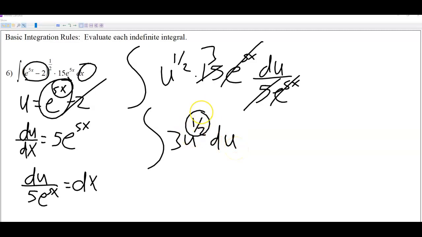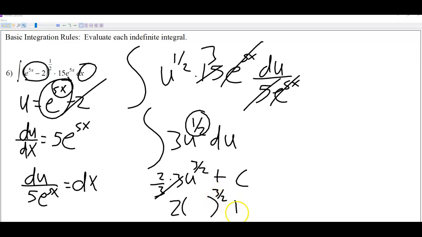I'm going to add 1 to our power to integrate. Multiply by the reciprocal. These cancel, and so I'm left with 2u to the 3 over 2 plus c, and the u is e to the 5x minus 2. Final answer. All right, let's go ahead and move on to number 7.